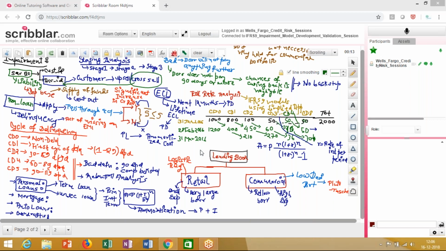Delinquency is calculated in terms of DPD: D stands for days, P stands for past, D stands for due. Days past due, DPD. So a CD0 balance is your non-delinquent balance. What is CD0? C stands for cycle, D stands for delinquency. CD stands for cycle delinquency 0.